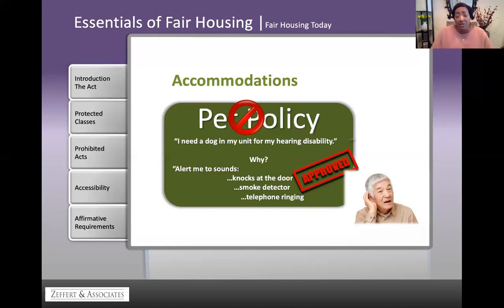I've mentioned it before where I told you that policies or situations that you have at your property are not cookie cutter. Reasonable accommodations, whether it's accommodation or modification, sometimes those are not cookie cutter, depending on what that particular reasonable accommodation or request is.